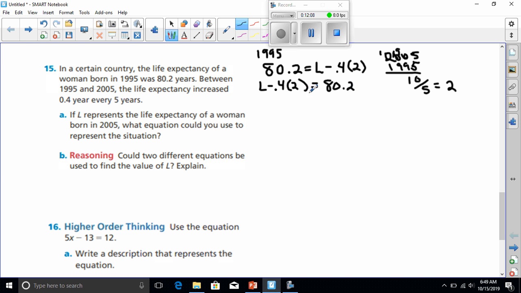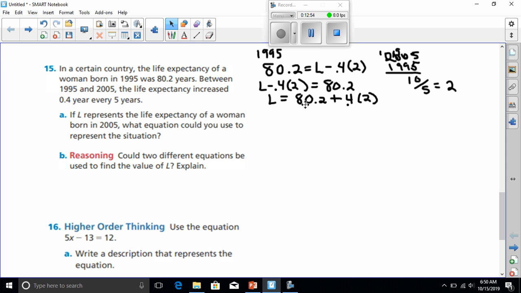We could also rearrange this if we wanted to and say, if that's so, well, we know we're going to have to go ahead and say that the life expectancy equals 80.2 plus 0.4 times 2. Does everybody see that? Because we'd have to add 0.4 times 2 over here to this side. Okay?